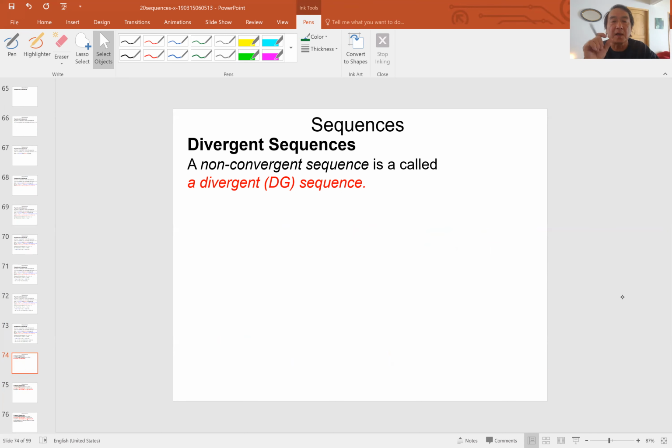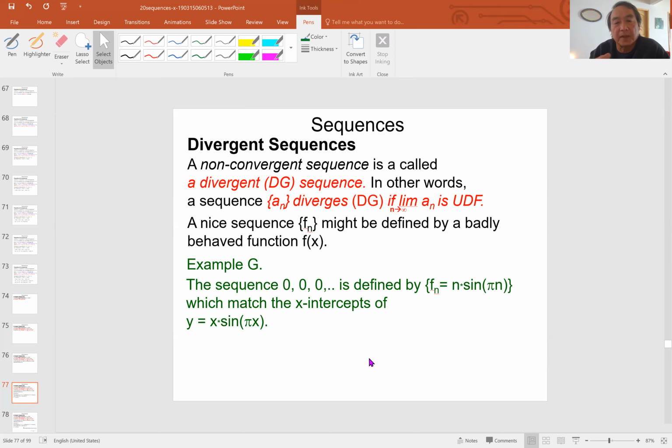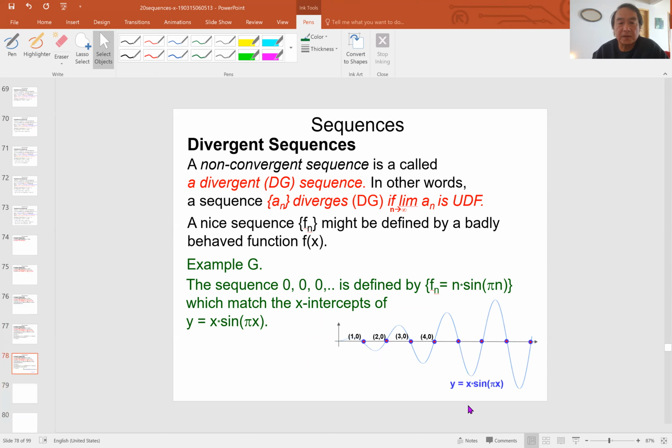Okay, you can have a function that behaves very badly, but a nice sequence can be defined by a bad function. Like over here, x sine pi x, I can define that if I plug in integers, I get the sequence 0, 0, 0, 0.